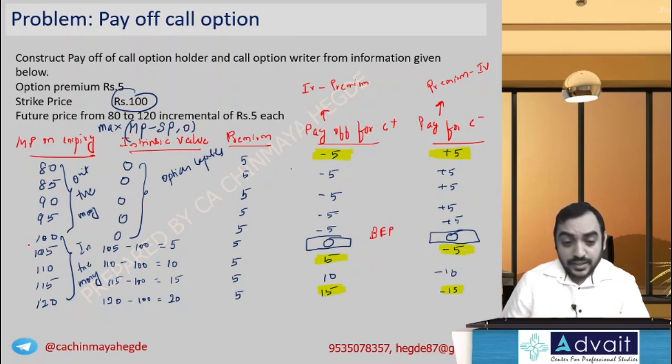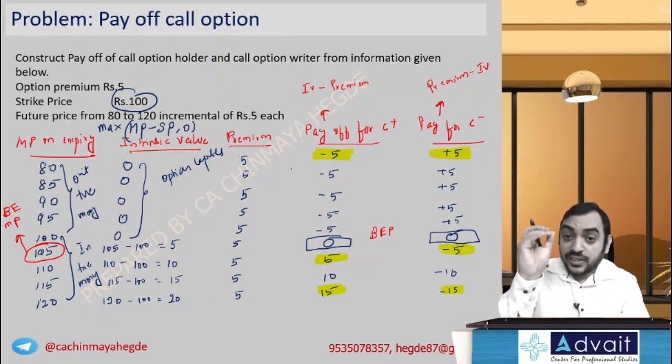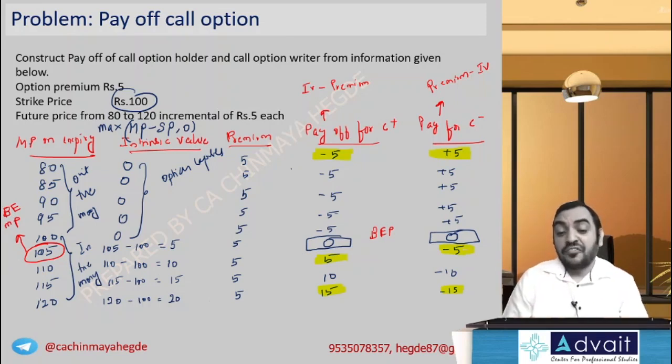It's not at the money. At 105 we got the break-even point. So 105 is called the break-even market price. Meaning if the market price is 105, the holder makes zero profit, zero loss. If it goes beyond 105, there is profit for the holder. As long as it is below 105, the holder's overall payoff is still a loss.